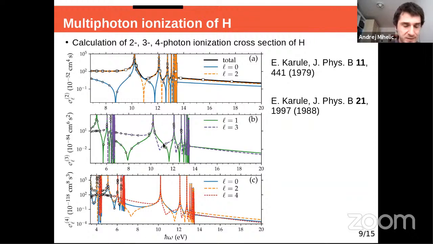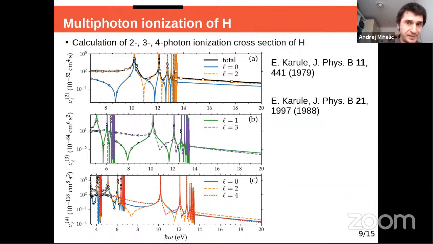And as you can see, there is excellent agreement both below and above the ionization threshold in all three cases, so for 2, 3, and 4 photon cross section. All the features you can see are actually reproduced without any problems, so without any numerical difficulties.